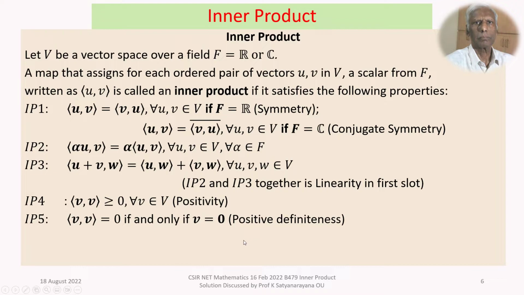And many a time, in many cases, this fifth property fails. And in many examples, we normally test IP4 and IP5. Okay, we continue.